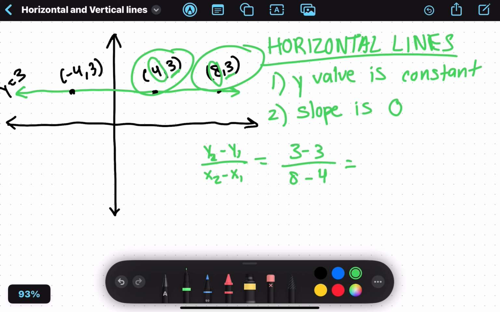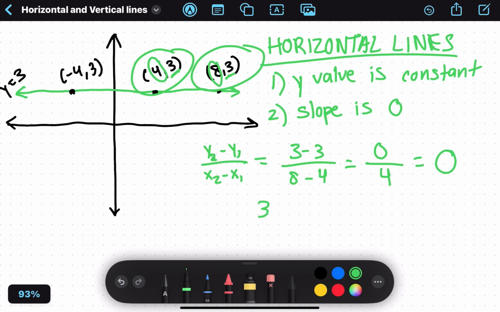So now to simplify, 3 minus 3 is, what a surprise, 0. And 8 minus 4 is 4. And 0 divided by anything is equal to 0. So that is the slope of our horizontal line, 0.